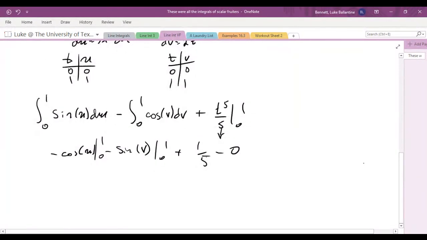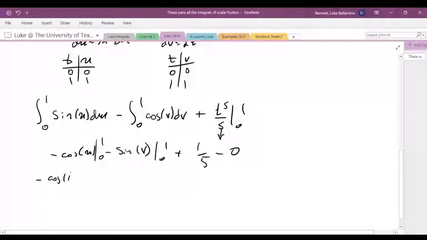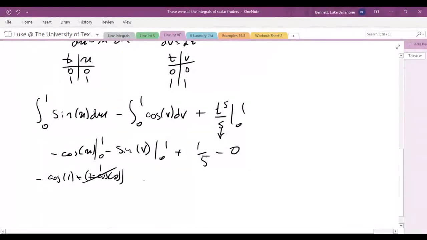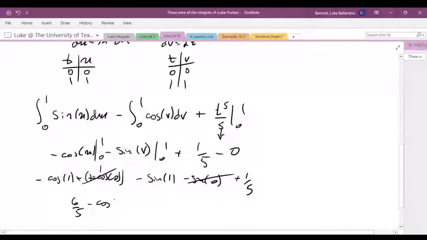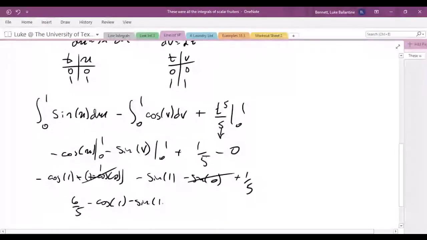Okay. So negative cosine 1 minus negative cosine of 0. This just turns into positive 1 minus sine of 1 minus sine of 0. Sine of 0 is 0 plus 1/5. We have 1/5 plus 1, 6/5 minus cosine of 1 minus sine of 1.